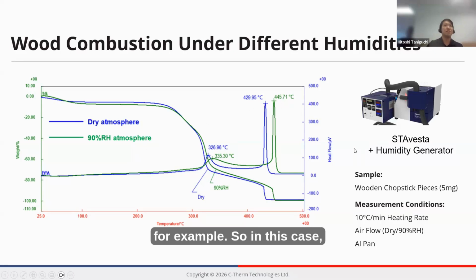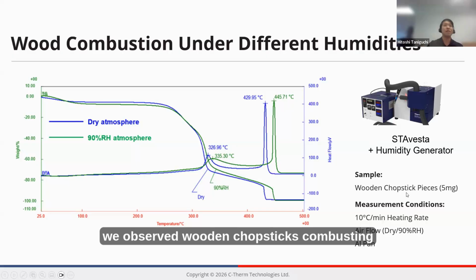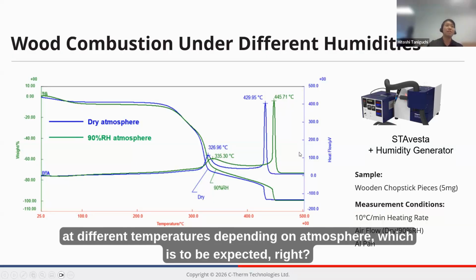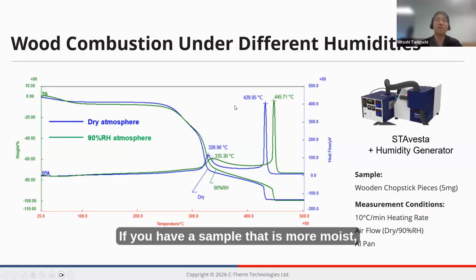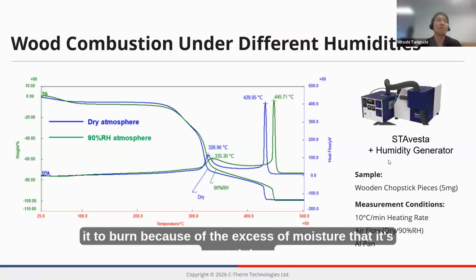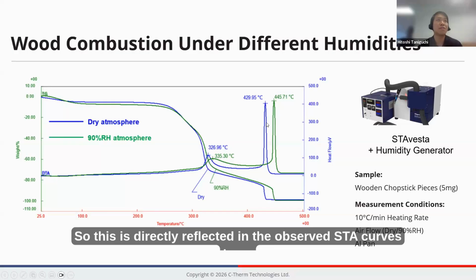So in this case, we observed wooden chopsticks combusting at different temperatures depending on atmosphere, which is to be expected, right? If you have a sample that is more moist, or in our day-to-day experience, if you have wood that is more damp, it takes longer for it to burn because of the excessive moisture that it's containing. So this is directly reflected in the observed STA curves here.